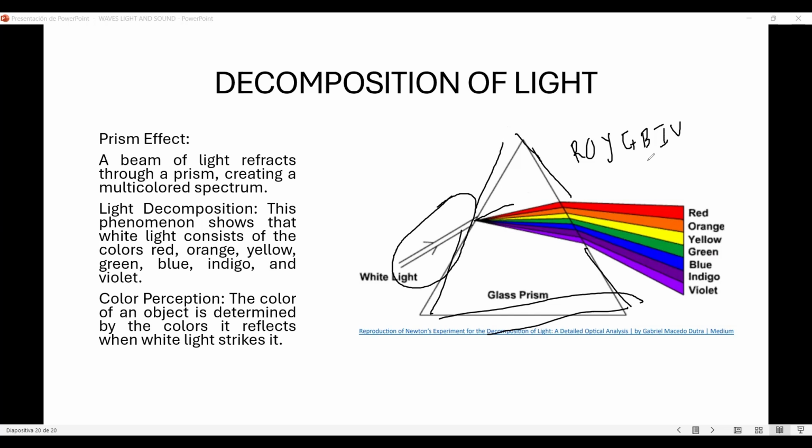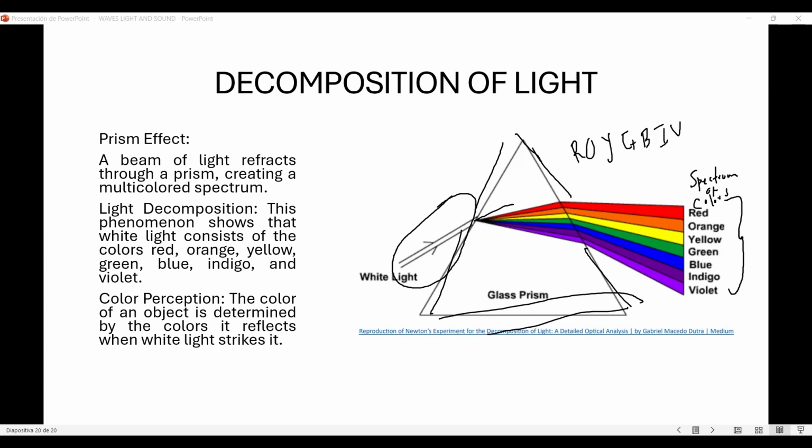This separation creates what we call the spectrum of colors. This separation is typically represented by red, orange, yellow, green, blue, indigo, and violet, the colors shown after the decomposition.